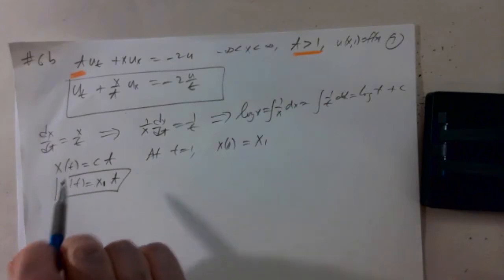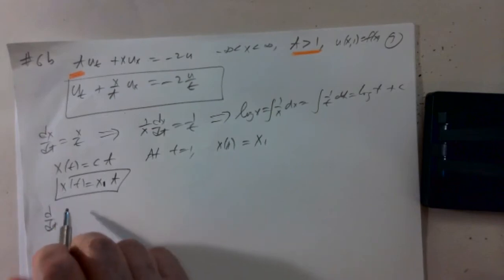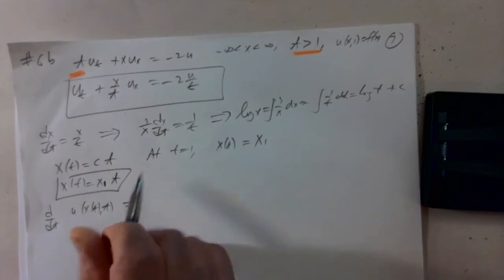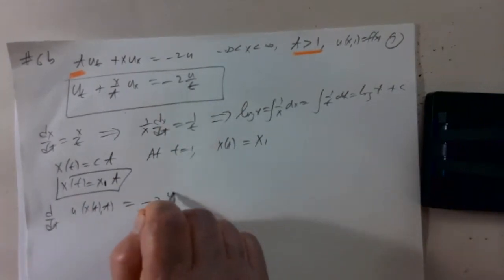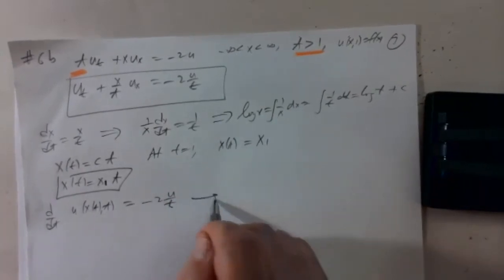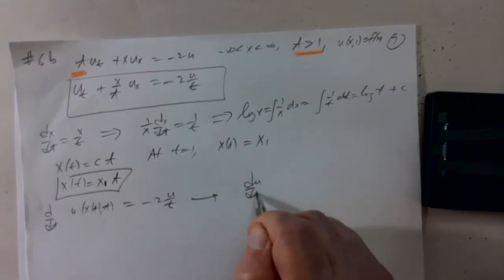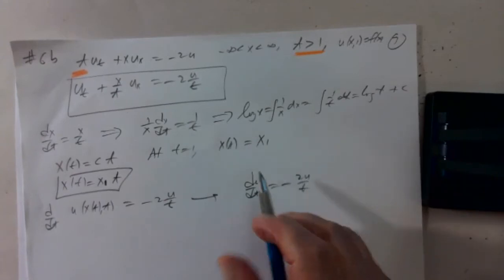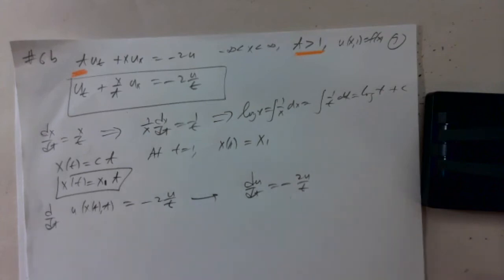And along that curve, the derivative with respect to t of u of x of t comma t is going to be equal to minus 2u over t. So I have another ordinary differential equation. du/dt equals minus 2u over t. Again, this is another separable ordinary differential equation.